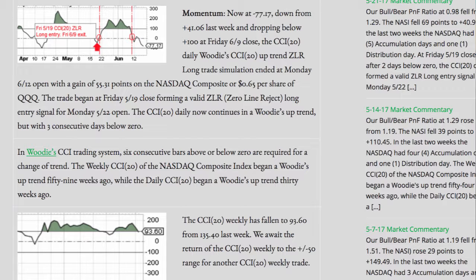The CCI 20 Daily now continues in a Woody's uptrend, but with 3 consecutive days below zero. In Woody's CCI trading system, 6 consecutive bars above or below zero are required for a change of trend. The weekly CCI 20 of the Nasdaq Composite Index began a Woody's uptrend 59 weeks ago, while the daily CCI 20 began a Woody's uptrend 30 weeks ago.